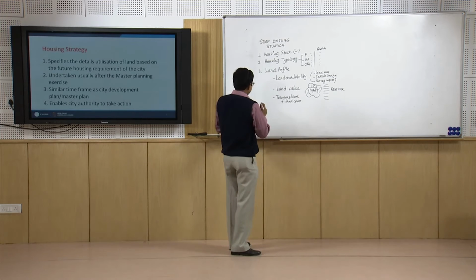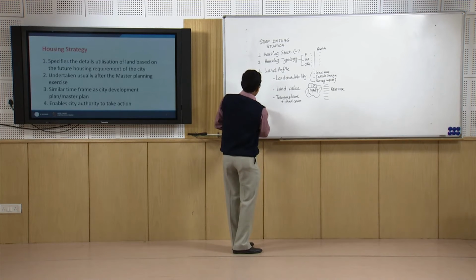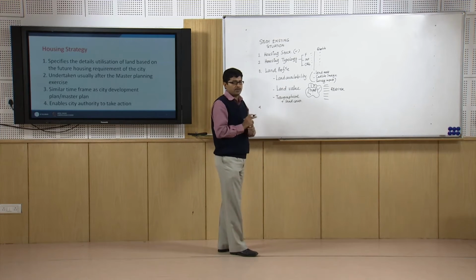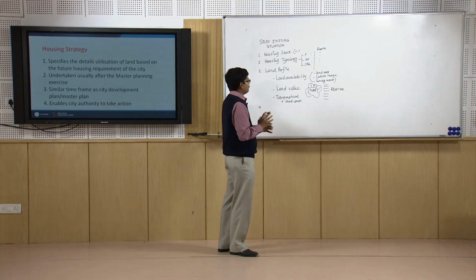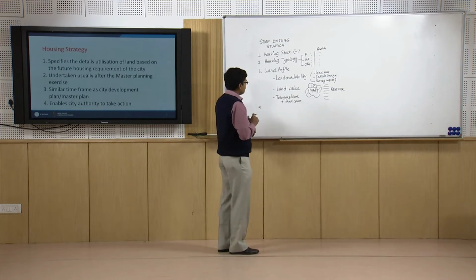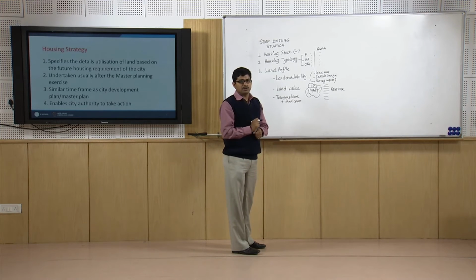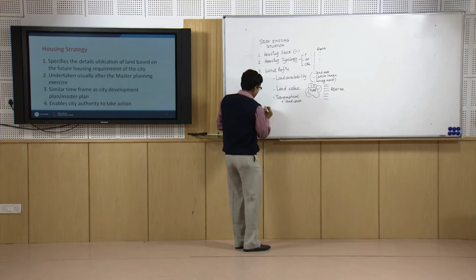The next thing you have to do is, so we have studied the housing stock as a whole to estimate the total housing as of today, the housing typology, the land profile, and then we have to take account of another very important resource, which is called finance.